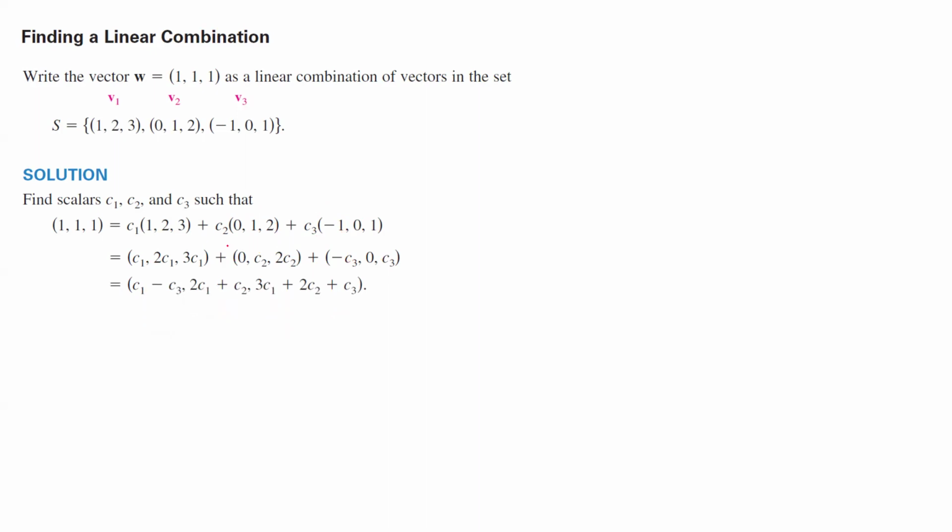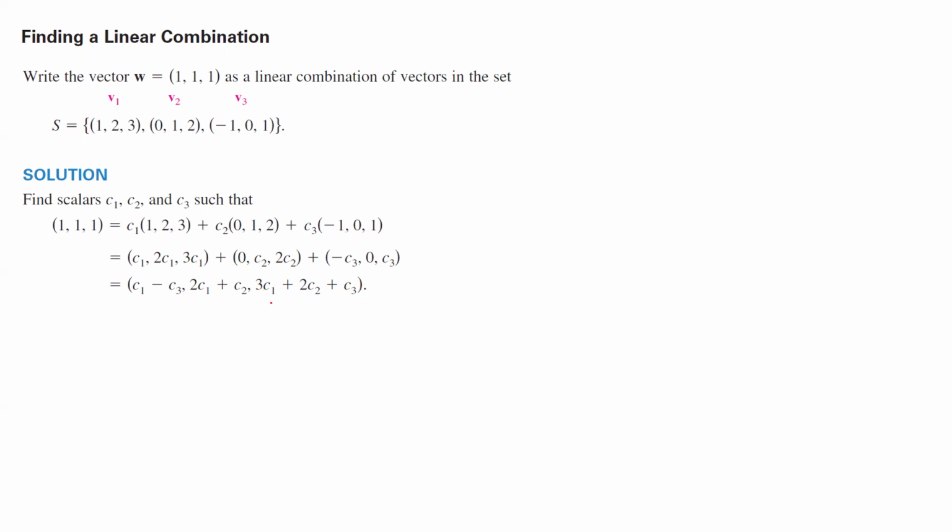Now I'm combining the entries: C1 plus 0 minus C3 is the very first entry. Then 2C1 plus C2 plus 0 is the second entry. Finally, 3C1 plus 2C2 plus C3 is the last entry in this vector.